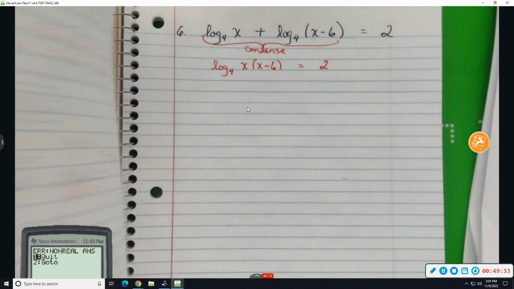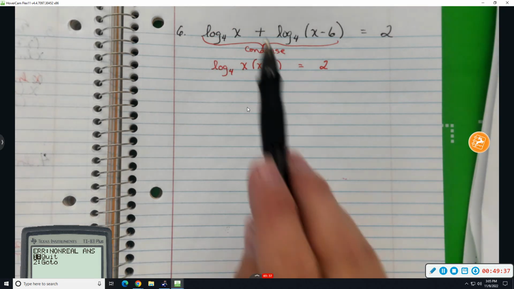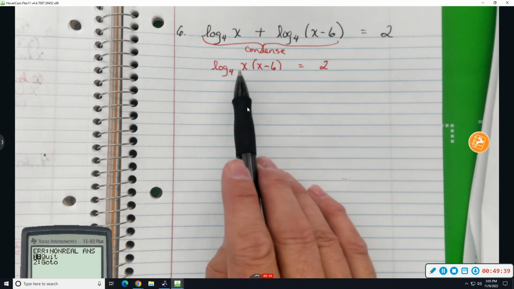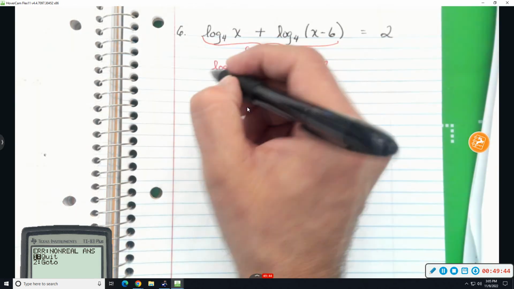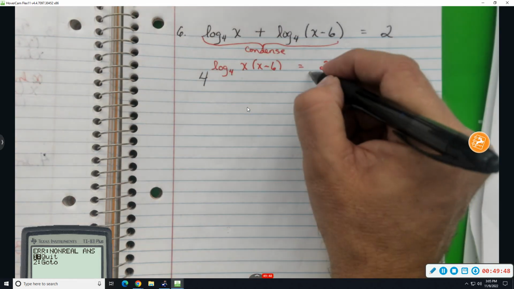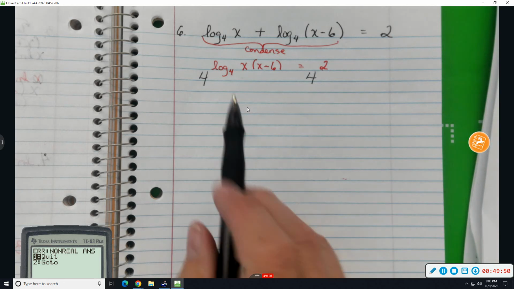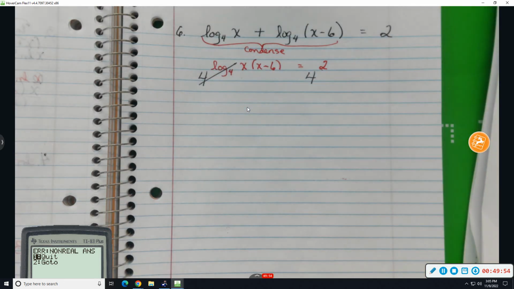If you're going to solve a logarithmic equation, you must have it written in that form. Just one logarithm on the left, a number on the right. When you do that, you can then cancel out the logarithm by putting a big 4, whatever that base is, all of that cancels out.